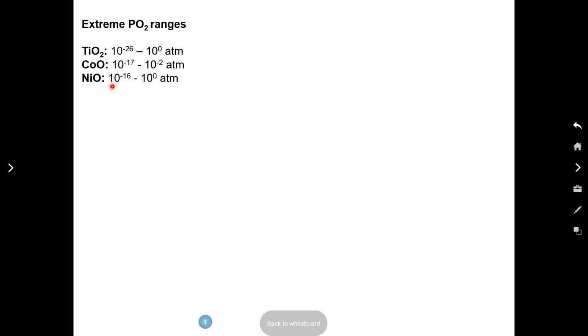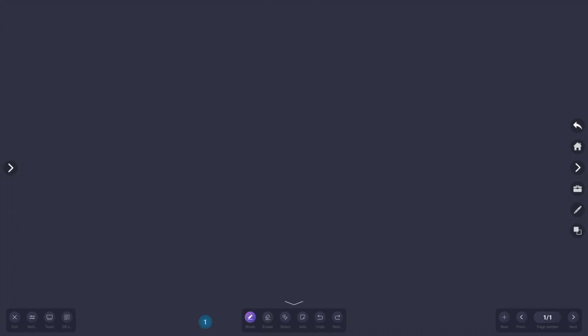And non-stoichiometry was related to creating this kind of solids where we go from titanium oxide into something like non-stoichiometric TiO2 minus X.